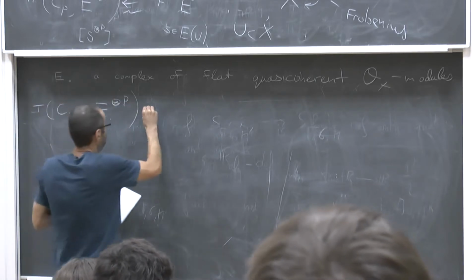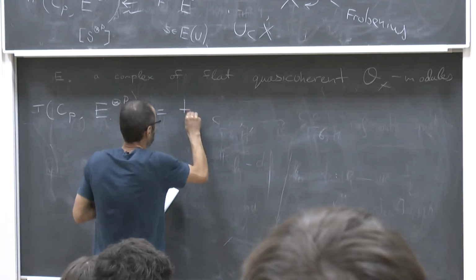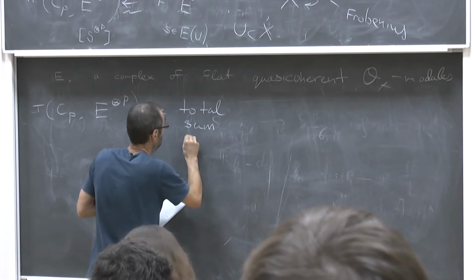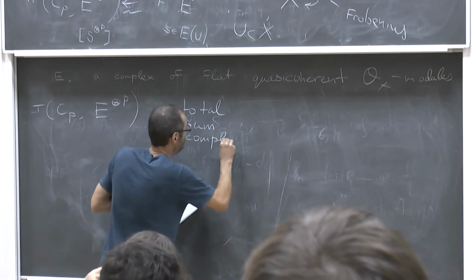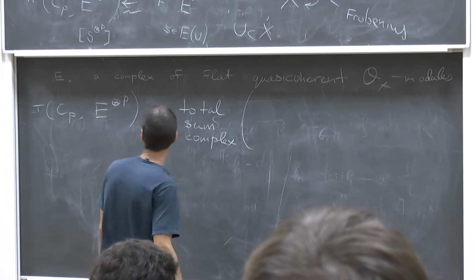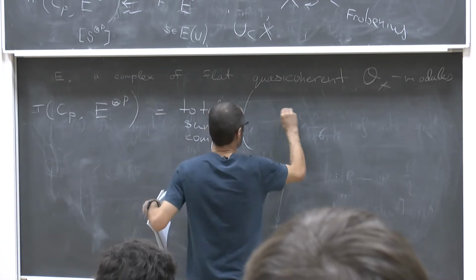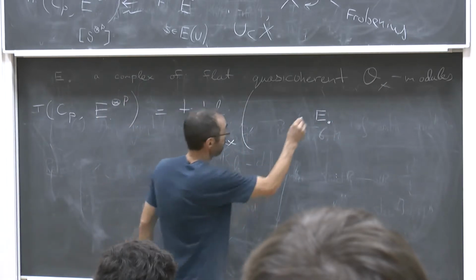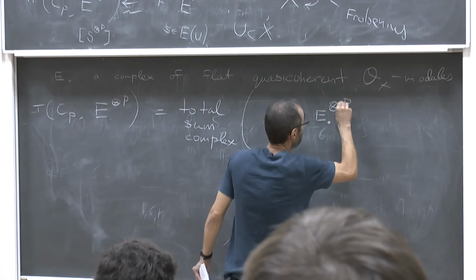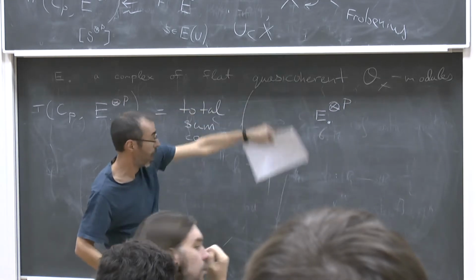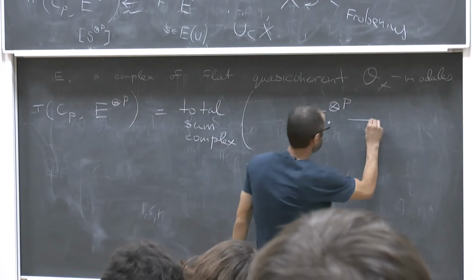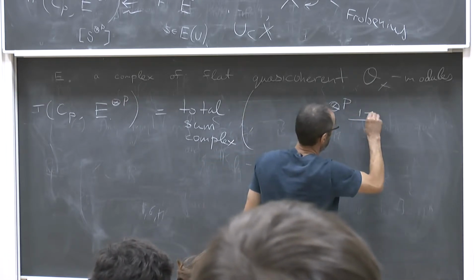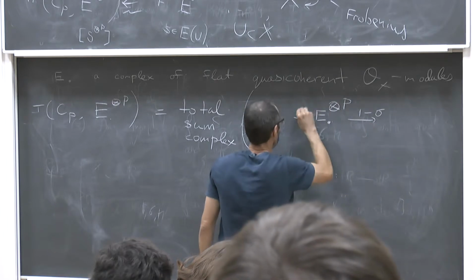to be, by definition, the total sum complex of the double complex formed by, as before, I take this unbounded complex, I take its p-th tensor power, it's a complex, I put it in columns, and here I also have a horizontal differential, which is either 1 minus sigma or a norm.